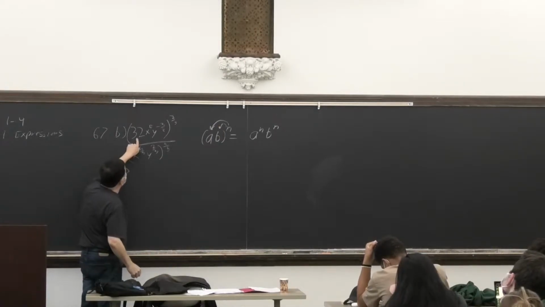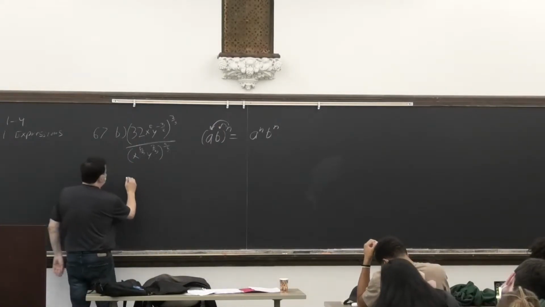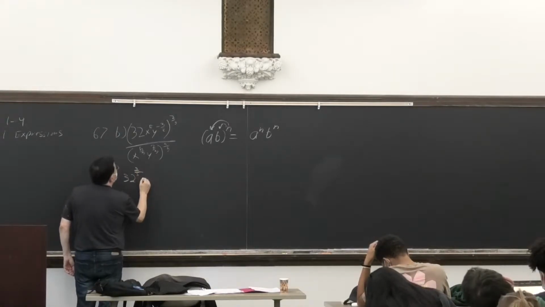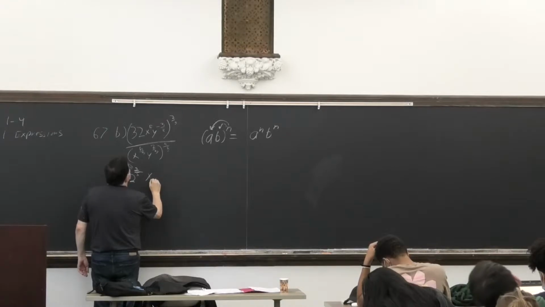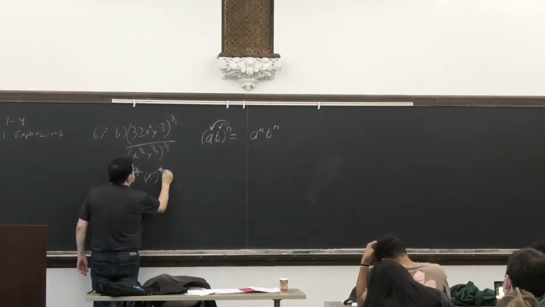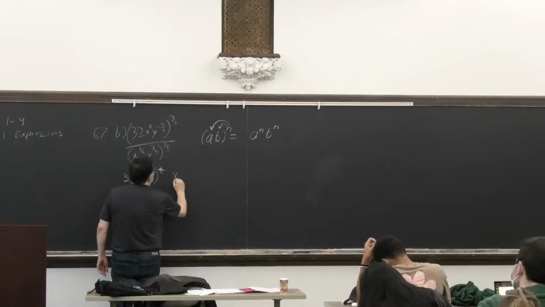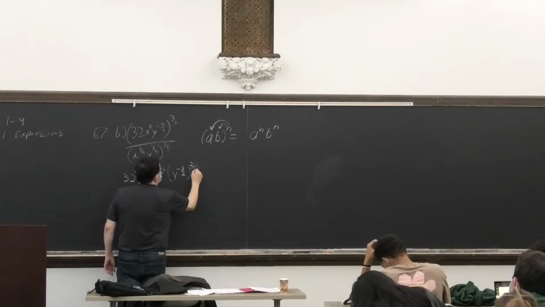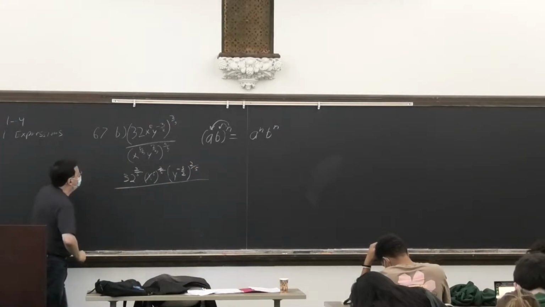So the first piece over here, we're going to have 32 to the 2/5, x to the 5th to the 2/5, and y to the -3/2 to the 2/5. That's the numerator.